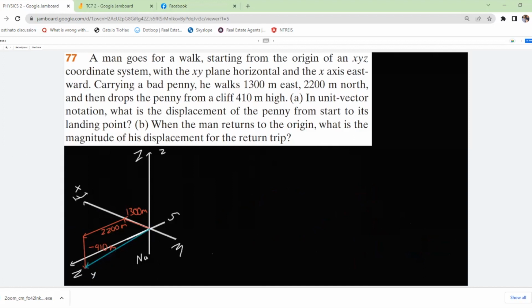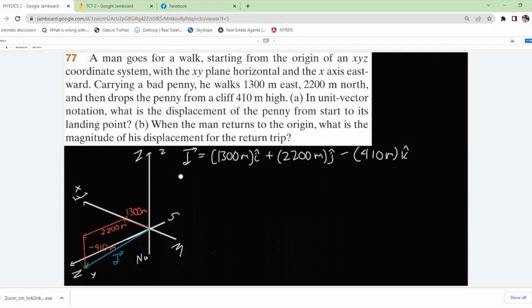May total displacement. So, try mo na ng D. Yes, D. Okay.